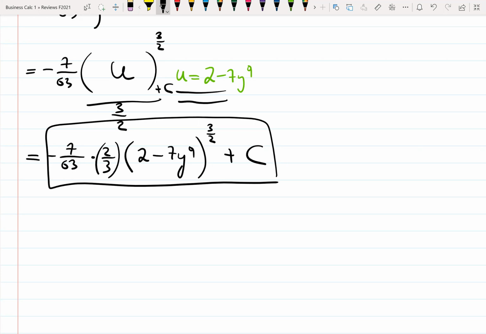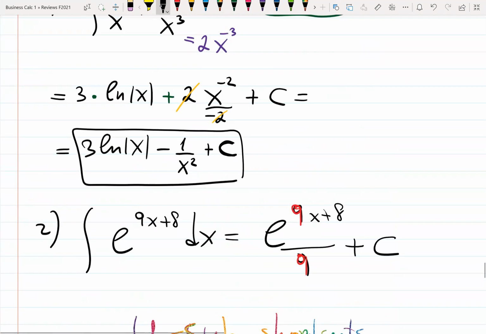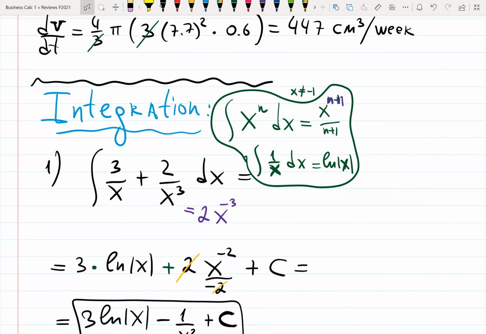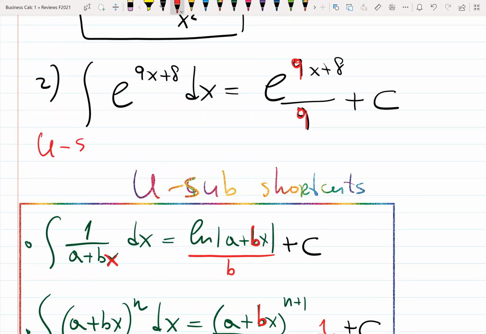Integration by parts is unlike u substitution. Let me write down. U substitution undoes chain rule.